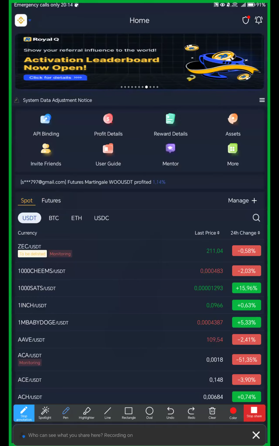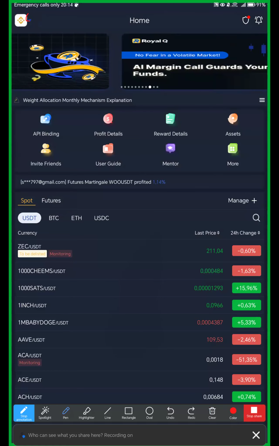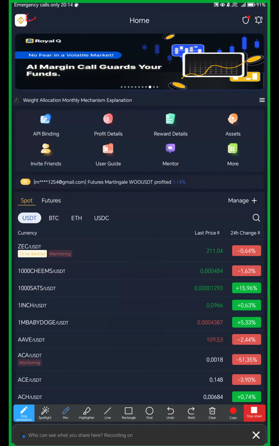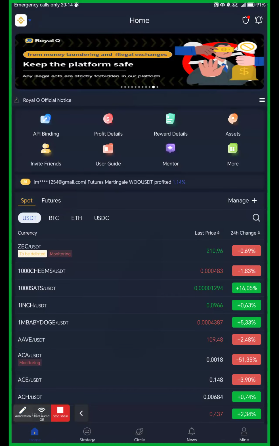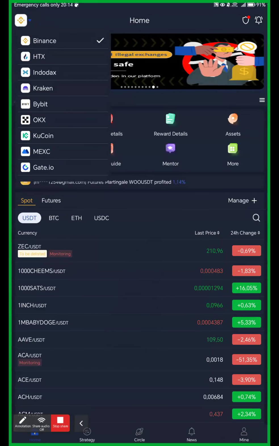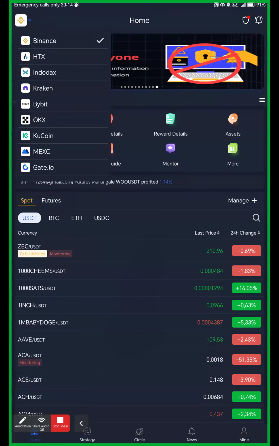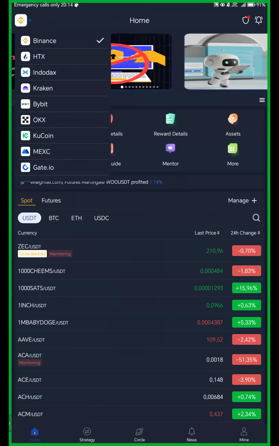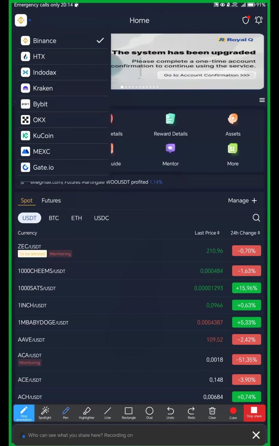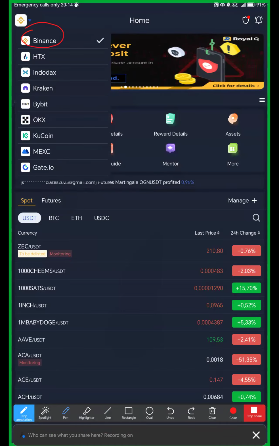When you tap on this icon, there's something like an arrow close to the logo of Binance. When you tap on the arrow, it shows you which exchange you are in. You can see that I am in the Binance exchange. So my robot is connected to Binance.